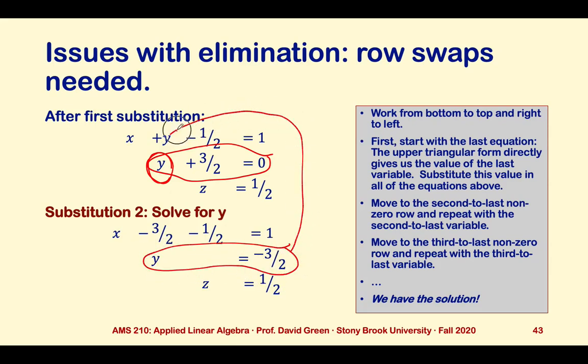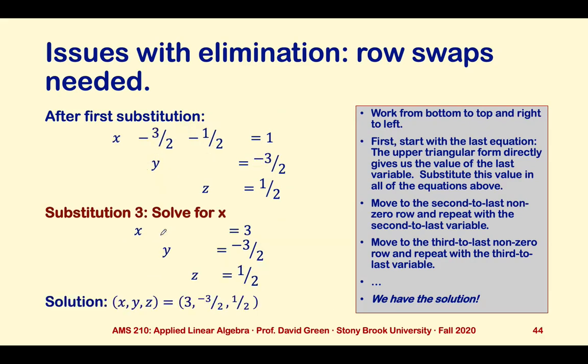Once we've done that, we substitute for y in the first equation. Y becomes negative 3 halves. Shifting our attention upwards again. Remember, back substitution moves bottom to top. Our attention shifts from right to left.